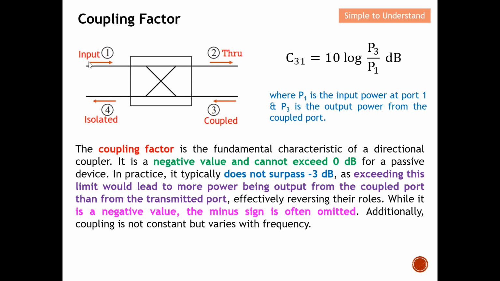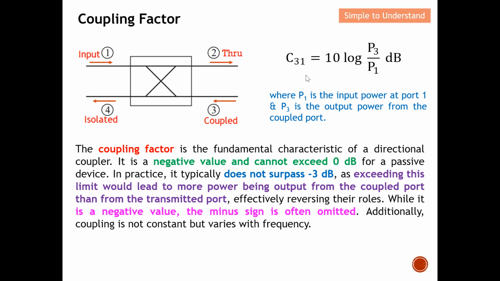As I mentioned earlier, most of the energy we prefer to send through to port 2. However, in order to know how much power is sent from port 1 to port 2, some can be coupled over to port 3. For example, let's say 10%. Then from here, I will be able to know how much power is actually sent from port 1 to port 2. So basically, this is the meaning of the coupling factor.